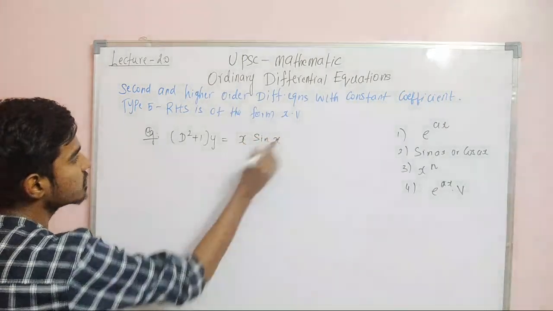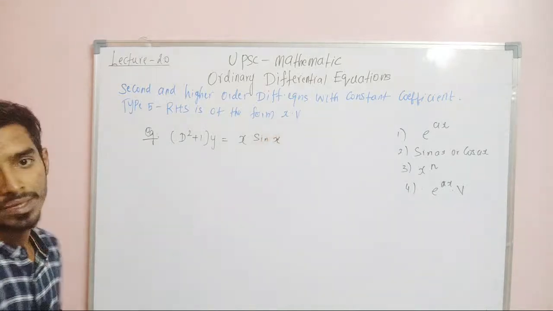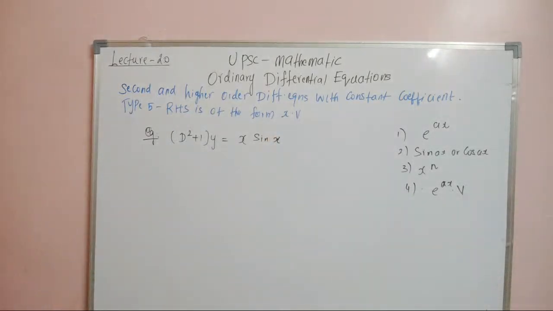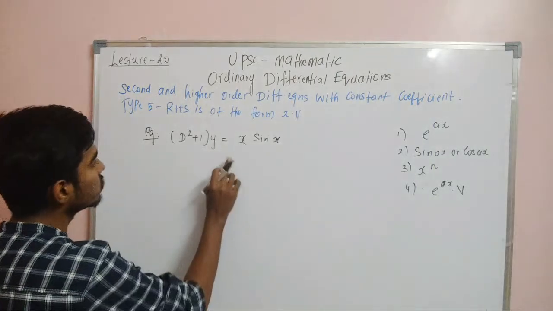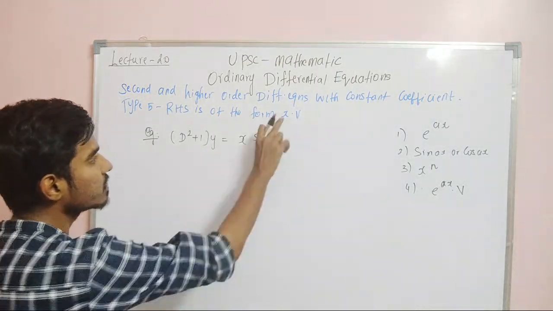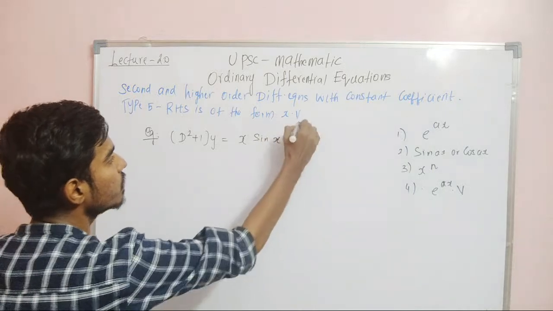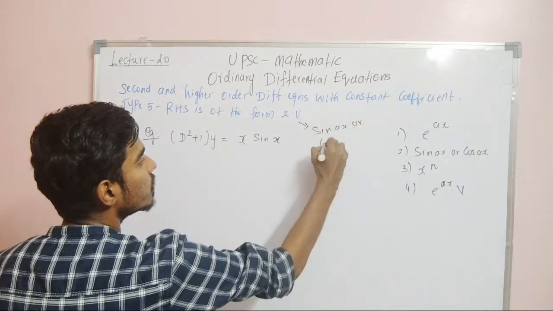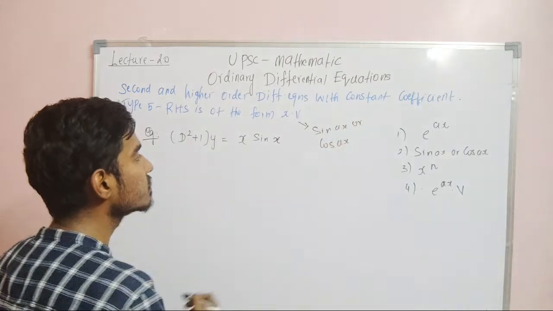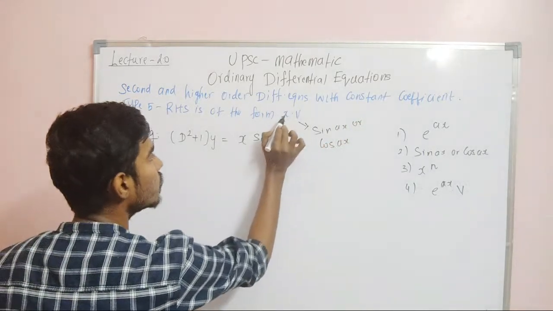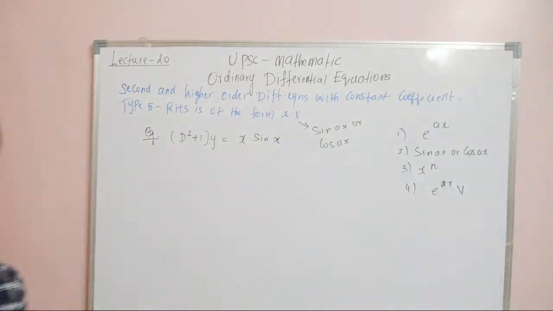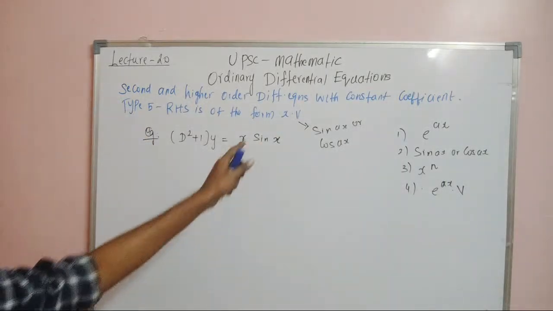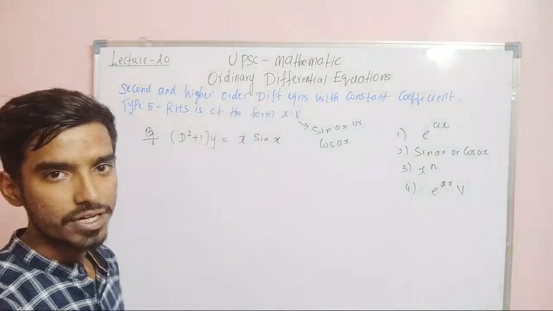You can see x into b, and this b can be sin ax or cos ax, and here it can also have x square into b. It can be x into b or x square into b.